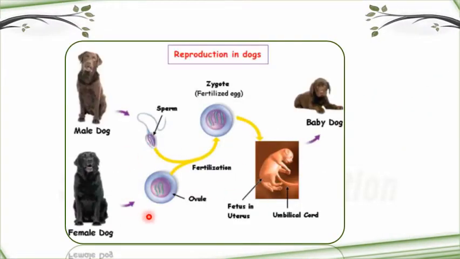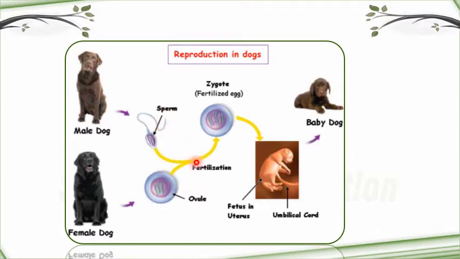So let's look at this figure. We see that this figure talks about reproduction in dogs. We have a male dog and a female dog. Upon mating of the male and the female, the male will give what we call the sperm sex cell, and the female will have the ovule, which is the female sex cell.